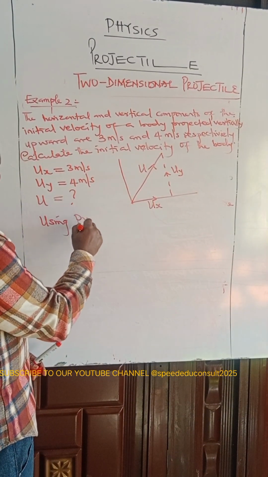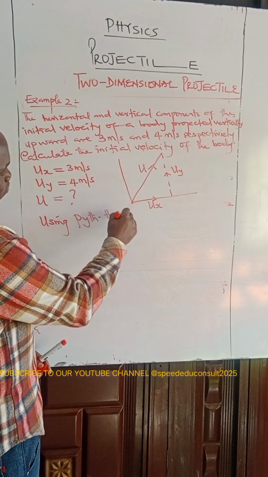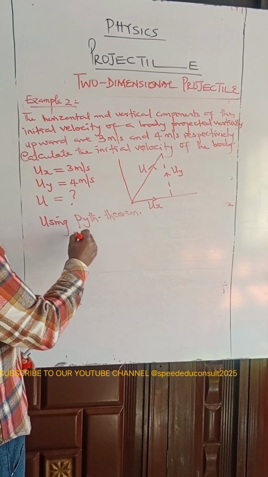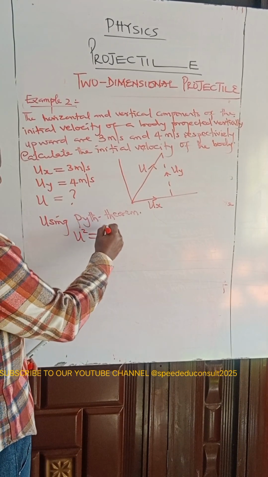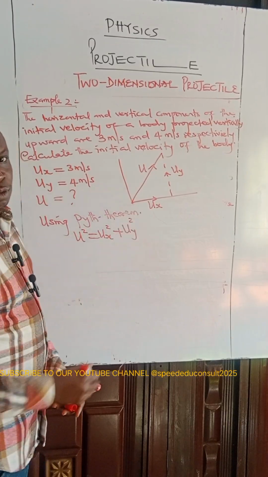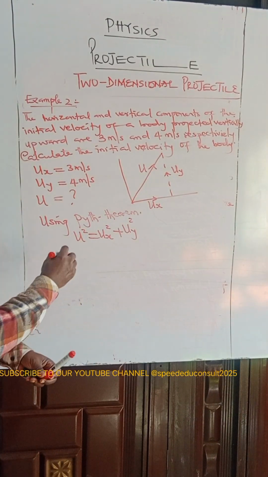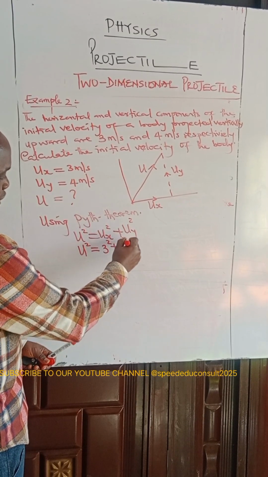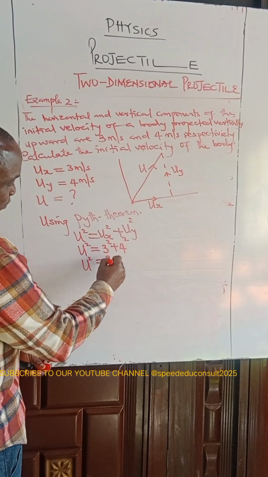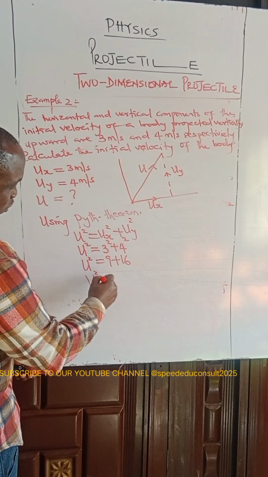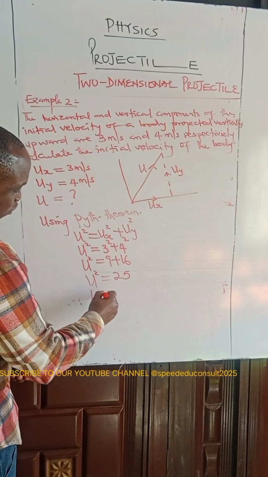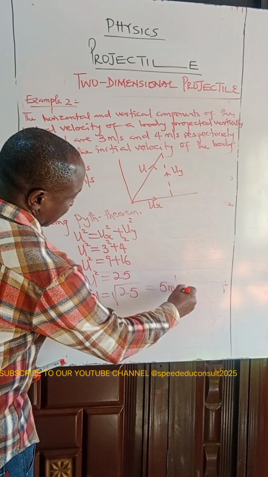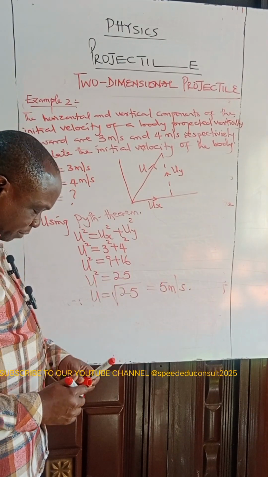Using Pythagoras theorem, u square is equal to ux square plus uy square. U square now is equal to 3 square plus 4 square. So u square now is equal to 9 plus 16. U square now is equal to 25. U now is equal to square root of 25, which is 5 meter per second.